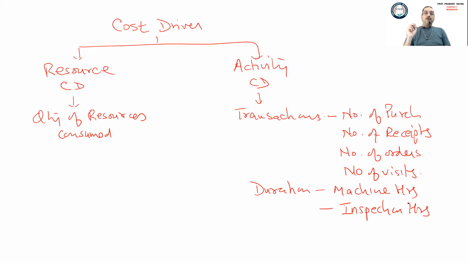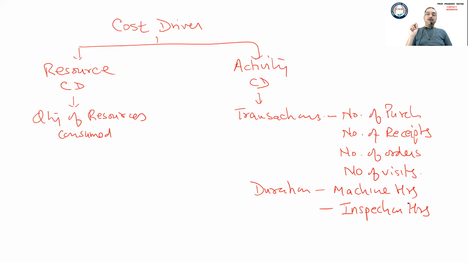Okay. So every cost driver will have a cost driver rate to be calculated. That rate is applicable for the different products or the different departments. So what do we do in activity-based costing? First, we find out what are the different activities that constitute that indirect cost or indirect overheads. Then each of those activities will be called cost drivers.